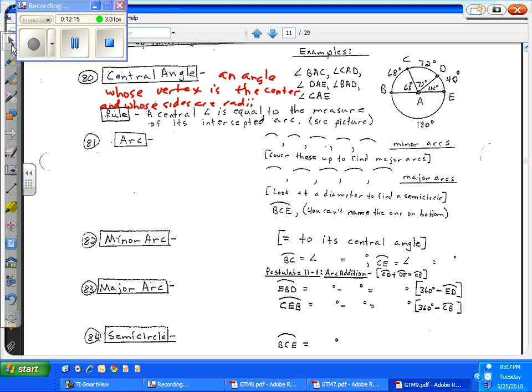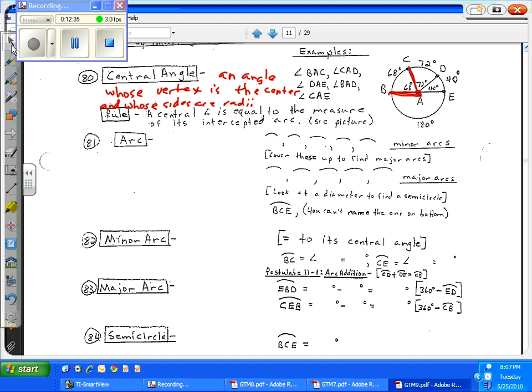Okay? Examples: angle BAC. The vertex is center A, the sides are radii BA and CA.